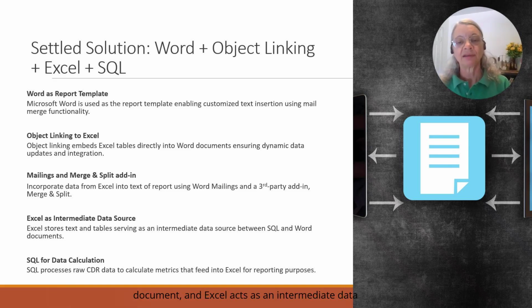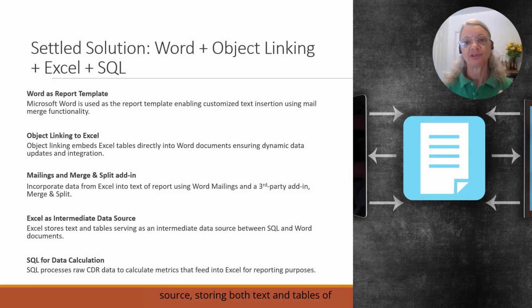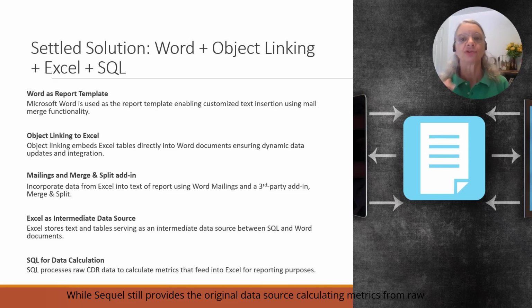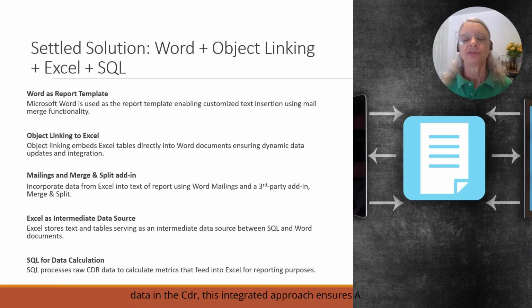And Excel acts as an intermediate data source, storing both text and tables of aggregated statistics, while SQL still provides the original data source, calculating metrics from raw data in the CDR. This integrated approach ensures a seamless and semi-automated report generation process.